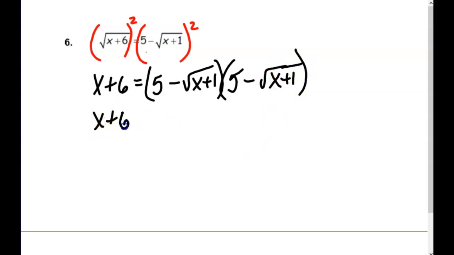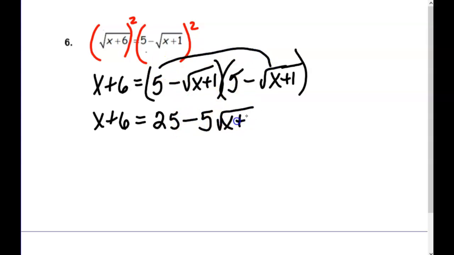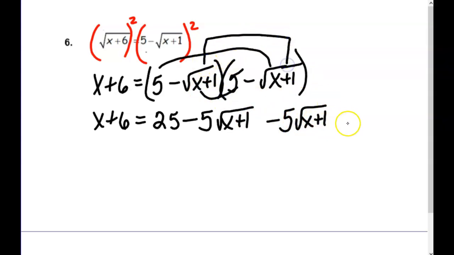So x plus 6 equals, help me out, 5 times 5 is, okay, and then I have a minus 5 square roots of x plus 1, and in here another minus 5 square roots of x plus 1. And when I do negative square root of x plus 1 times negative square root of x plus 1, I get a positive, and the radical squared just becomes an x plus 1.